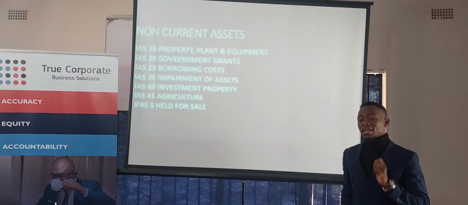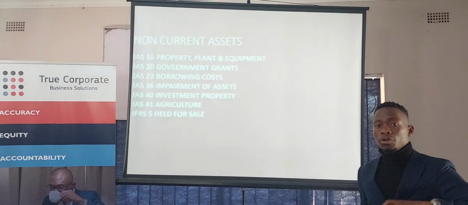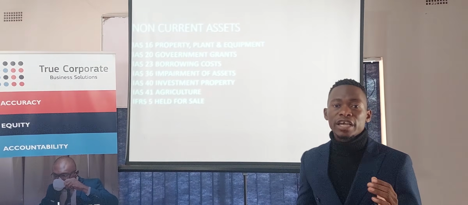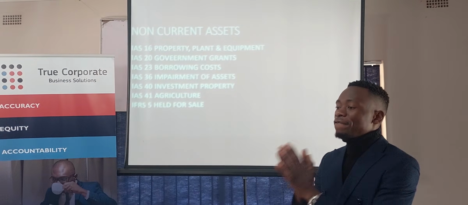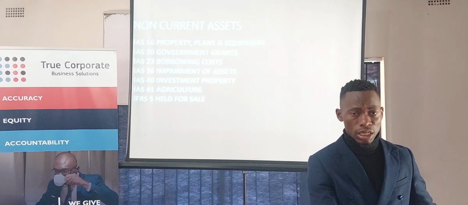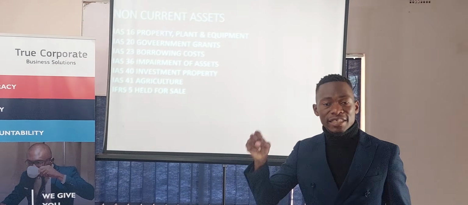Now, when a non-current asset is held for sale, we measure it at the lower of carrying amount and the fair value less cost of disposal. Carrying amount is the one we used to call net book value, where you say cost less the accumulated depreciation. So the amount that is remaining in the books, versus the net selling price.